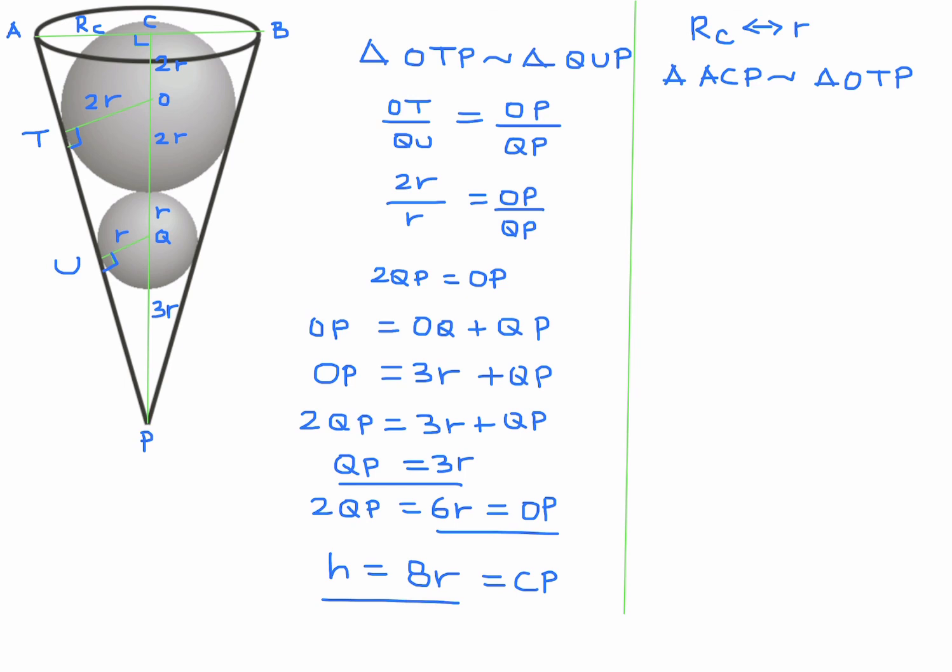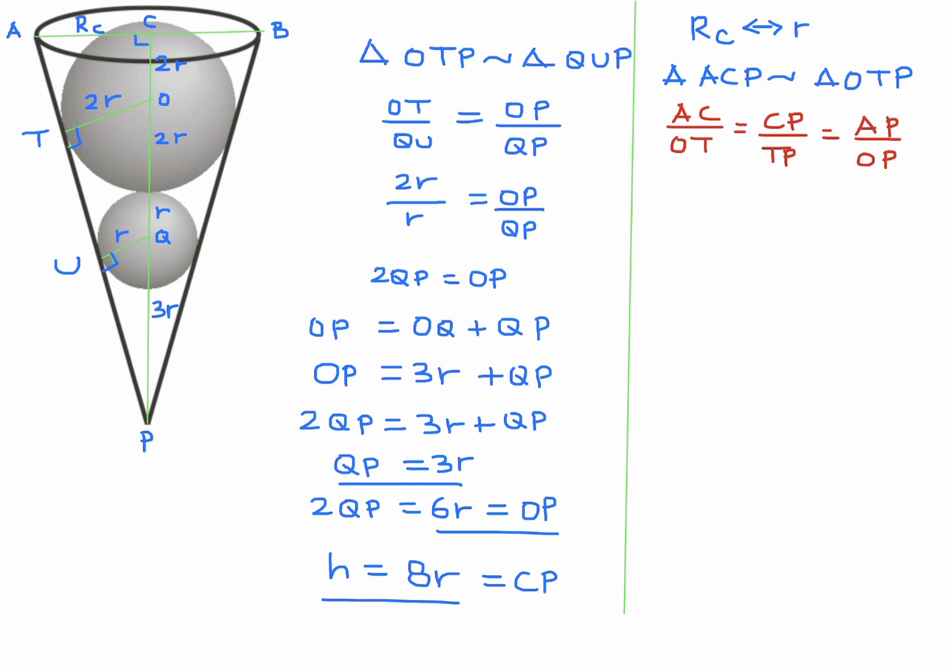Where is ACP here? All of that big one right there is one triangle, and then OTP is this one. Those are similar triangles because they share the same angles. So that means AC over OT is equal to CP over TP is equal to AP over OP.